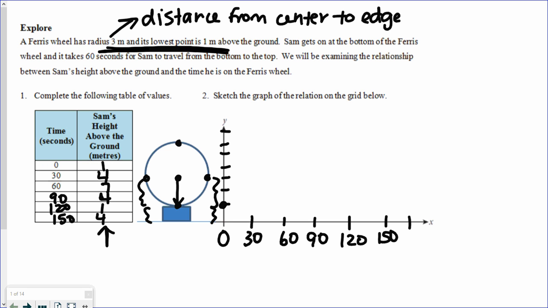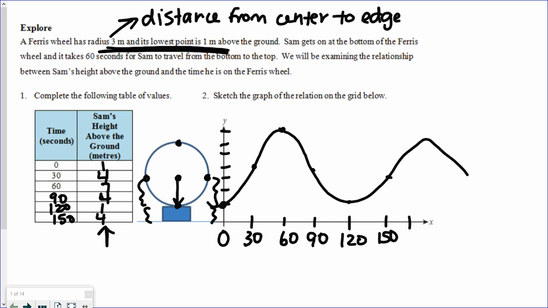So at time 60, he's at 7. At time 30, he's at 4. At 90, he's at 4. At 120, he's at 1. So just sketching it again, it's a curved line.